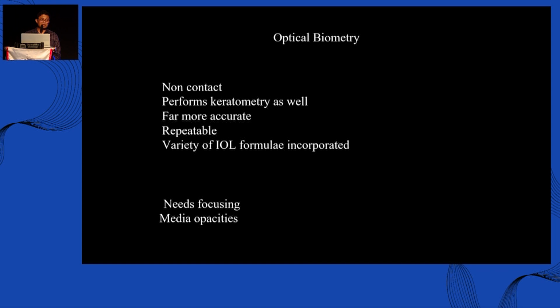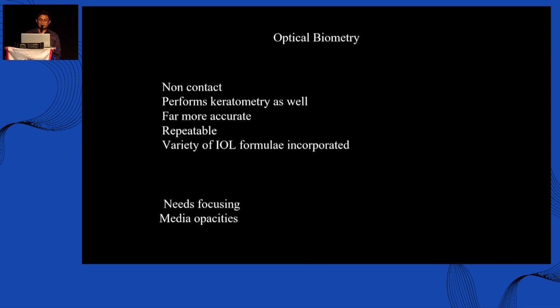And of course it has built-in IOL formulae, so you can just select the formula that you want and then you can get the result. The downside or disadvantage would be that it needs focusing. So if the patient can't focus, or if there's a media opacity like corneal scarring, thick cataract, thick PSC, or vitreous hemorrhage, then it may not be accurate or sometimes it may not be usable even.